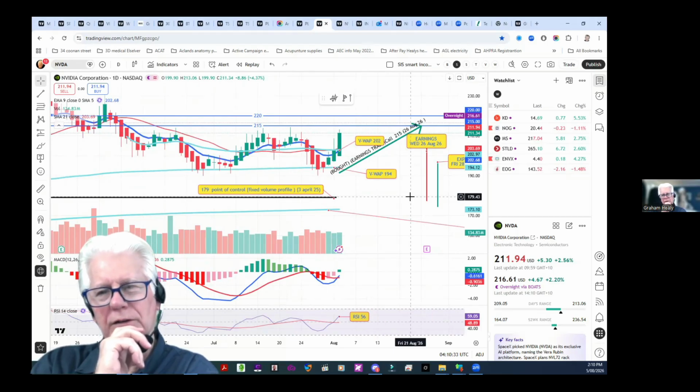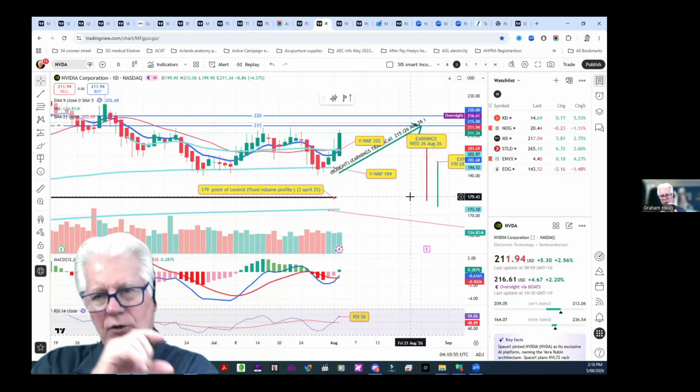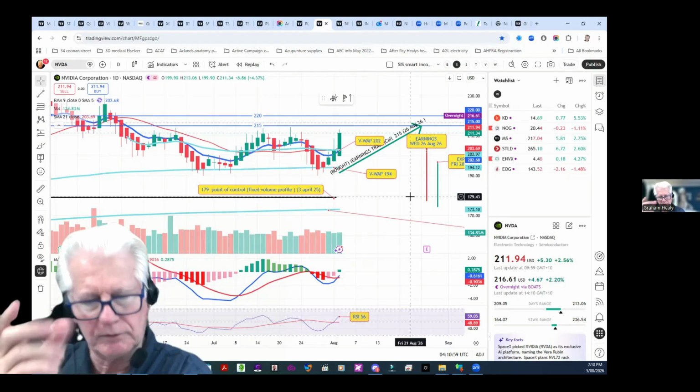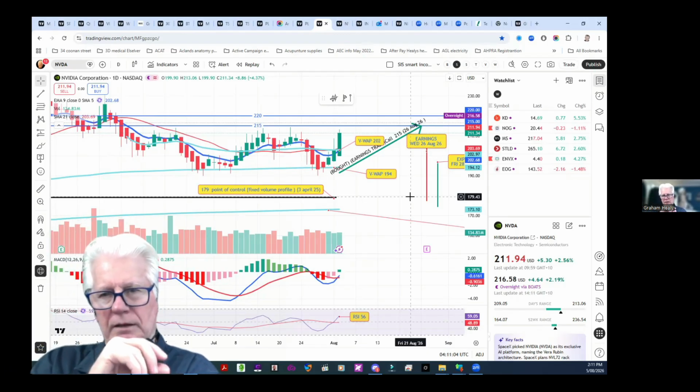And you know what I did? I grokked it. I put in the VWAPs and the point of control and everything. I put those values into the system and I asked Grok, okay, what is the probability of NVIDIA increasing in value towards the end of this month, the 26th of August, 3 weeks' time, short term.